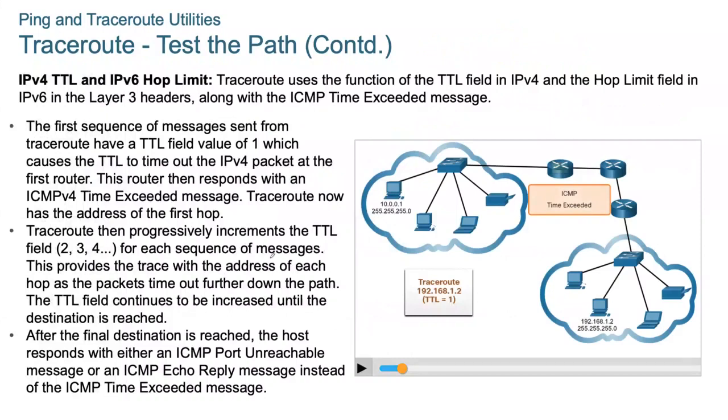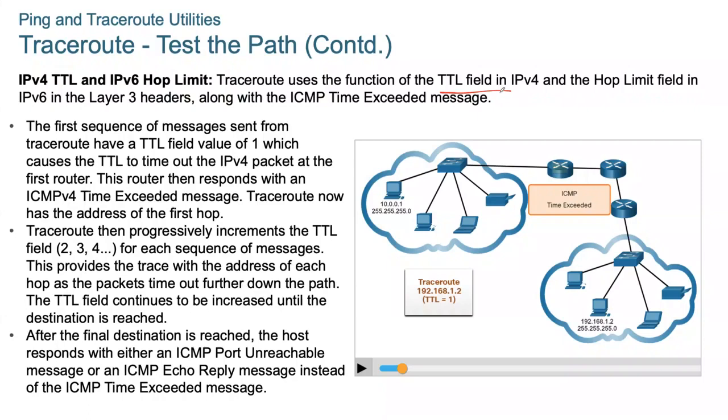In the traceroute test path, the IPv4 time to live or IPv6 hop limit is used. Traceroute uses the time to live field, TTL, in your IPv4 structure.